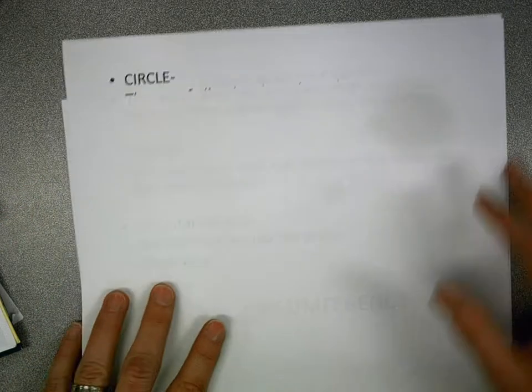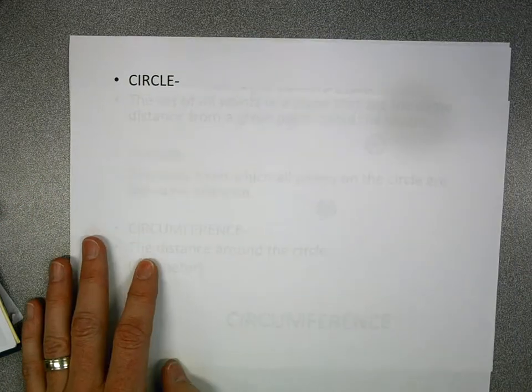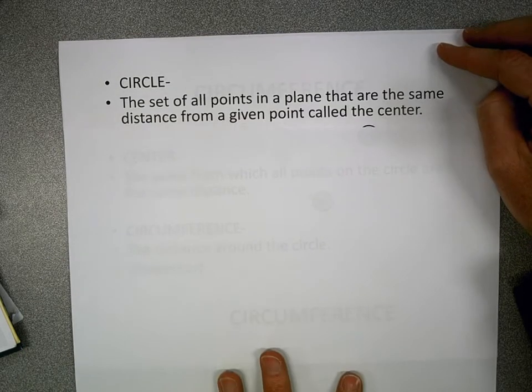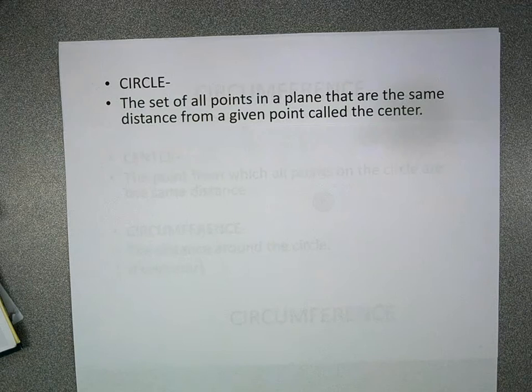All right, so our very first word, everyone, is the word circle. Everyone? Circle. Here's what your book calls a circle. It's the set of all points in a plane that are the same distance from a given point called the center. Very fancy definition.